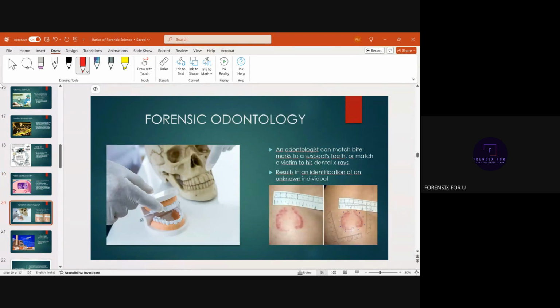Forensic odontology deals with the dental study of an individual, which includes bite marks and DNA examination from the tooth. It also helps in the age estimation of evidence that is found. Anthropology and odontology are more helpful in cases of mass disasters, when many people have died and need to be identified, and the DNA needs to be understood to determine who the person is who's dead.